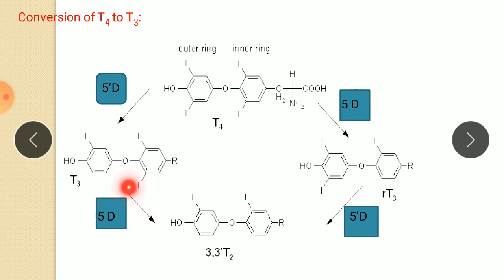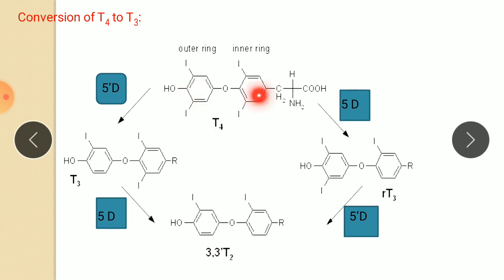Then this T3 by the same enzyme, 5-D, has deiodination at the 5th position, and it forms 3,3'-T2. Similarly, this RT3 by the enzyme 5'-D has this iodine removed, and again it forms the same product, 3,3'-T2.